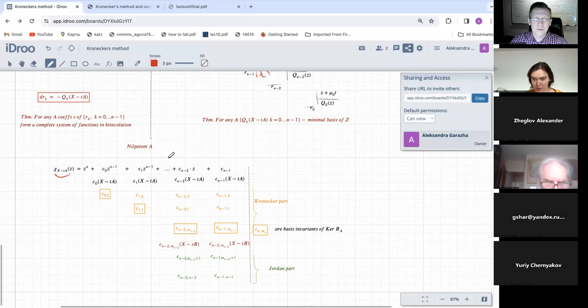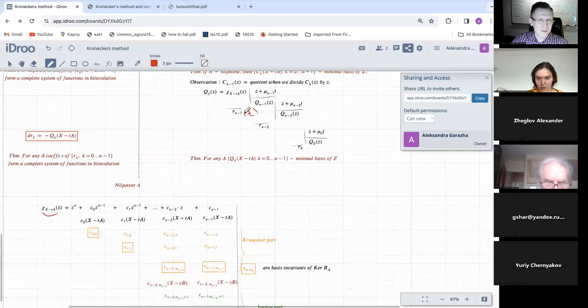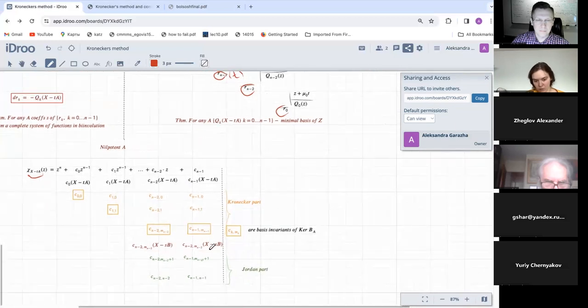For nilpotent? No, this double shift works for all the cases, but the beginning will be different. It's not the coefficients of the characteristic polynomial, it will be these remainders. But if we have our remainders here, we take their coefficients, and then the last of them will also be a basis invariant of the kernel, and we also could shift the argument here and obtain this part.